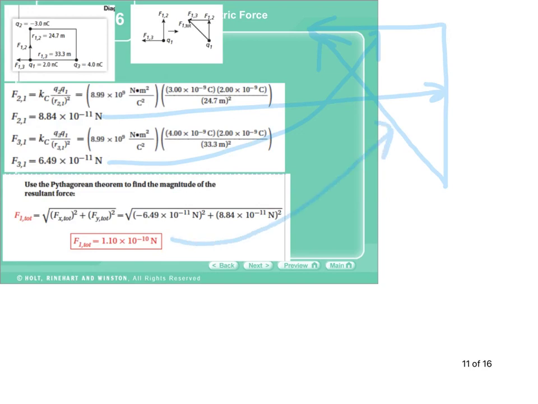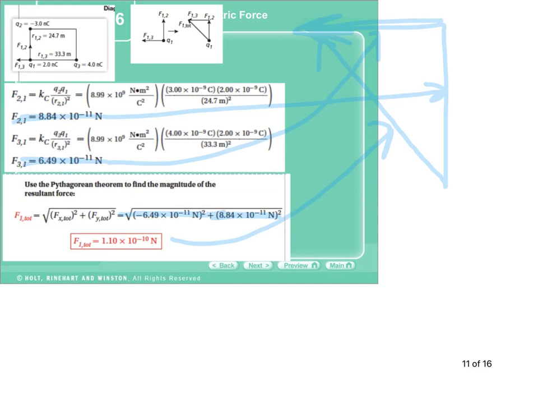So applying the Pythagorean theorem, we take the 8.84, we take the 6.49. Now they put the 6.49 as negative because it is going backwards. In Pythagorean theorem, it's not going to make any difference because you square the negative, you square the positive, you get the same thing. So our resultant value is 1.10 times 10 to the negative 10th Newton.